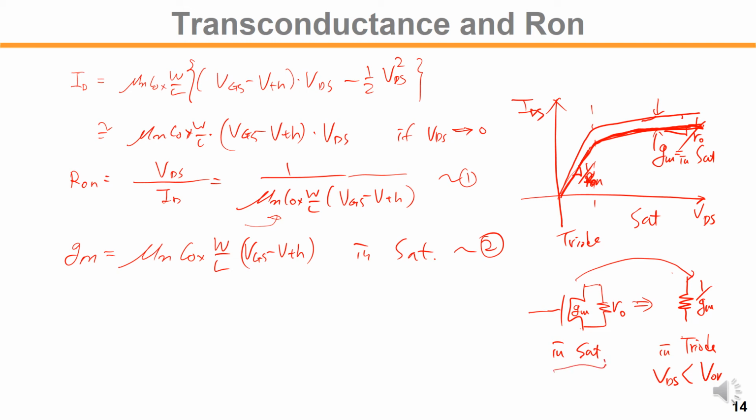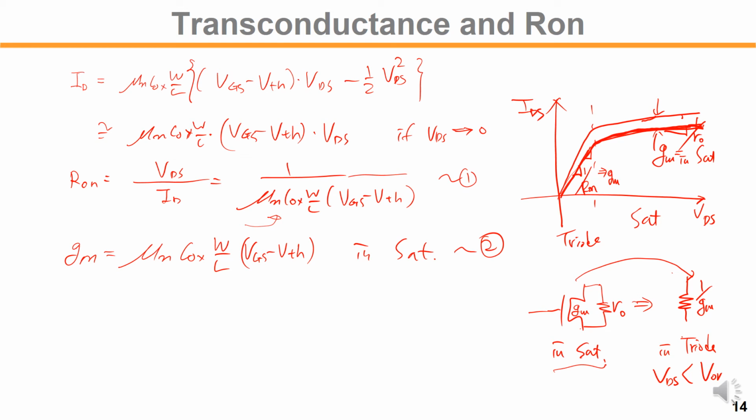So this is 1 over G. The slope of this R-on is the GM then, right? Because that one is 1 over R-on.